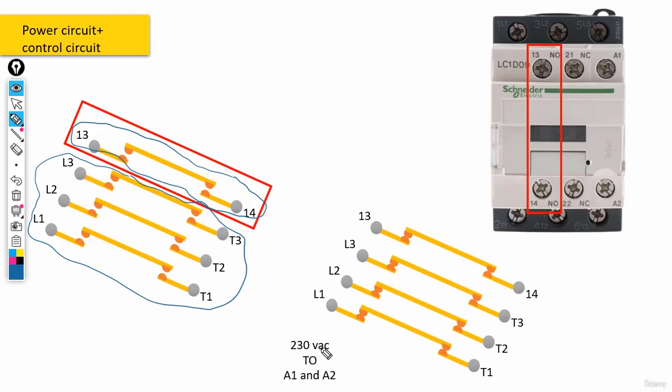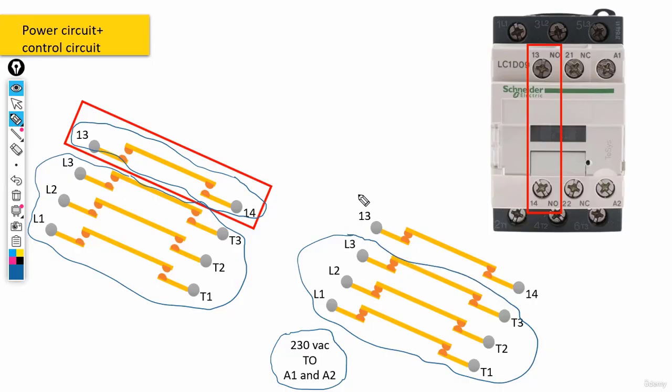And we also said that when the bobbin of the contactor, talking about the A1 and A2 terminals in the contactor, starts getting this incoming voltage, like for example 230 volts AC, all of these contacts would be closed. Talking about both of the power contacts as well as, let me point them out again, the auxiliary contacts set in between 13 and 14 terminals.